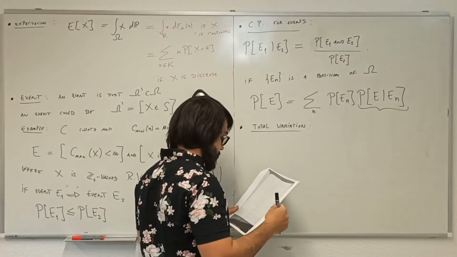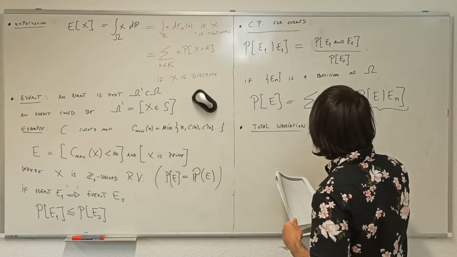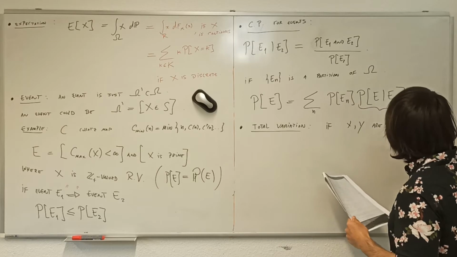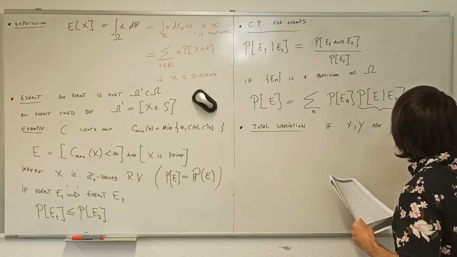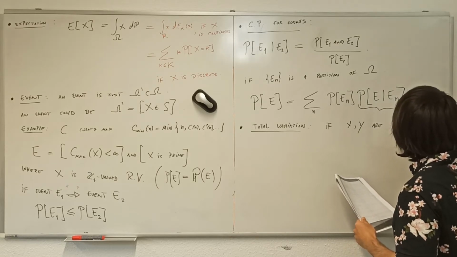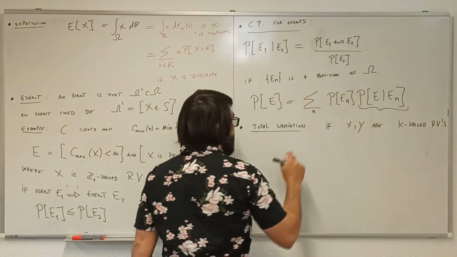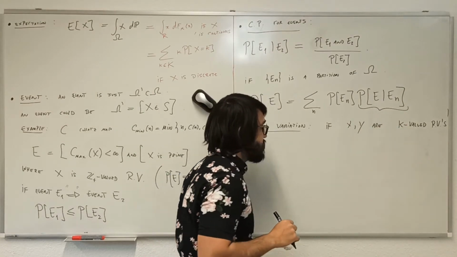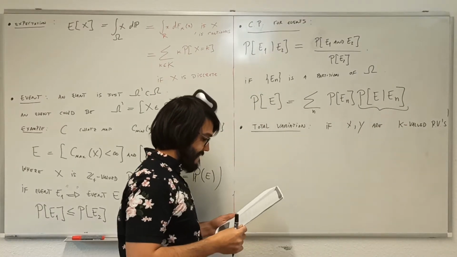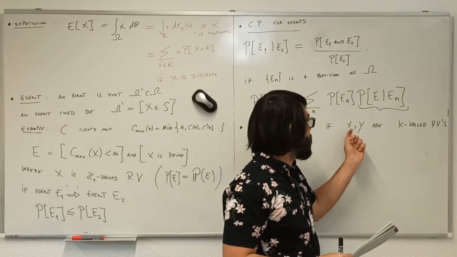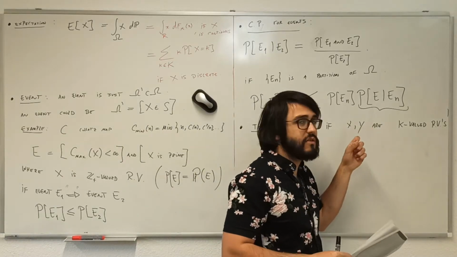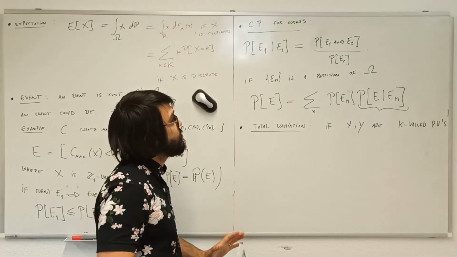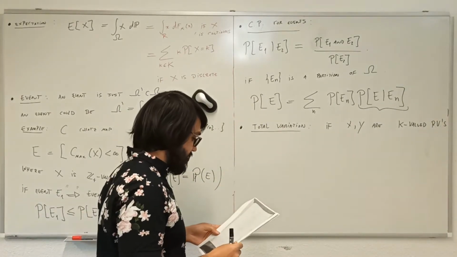Okay. So if x and y are, let's say, K-valued random variables, they don't need to have the same implicit probability space, they just need to have the same range, or at least both ranges are contained in a larger measure-theoretic space.